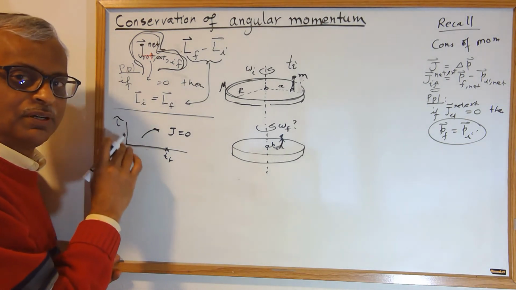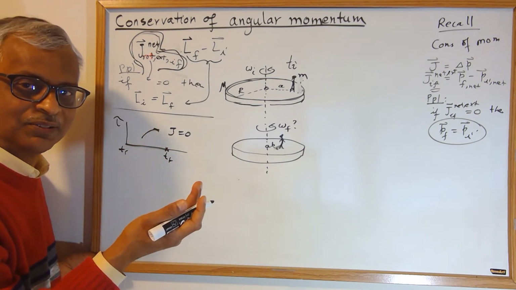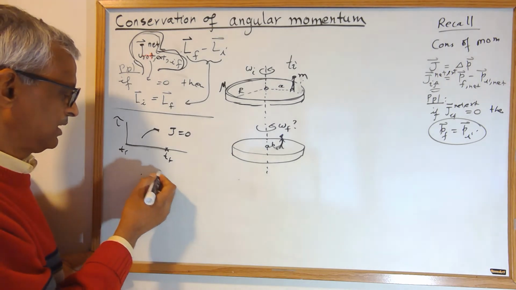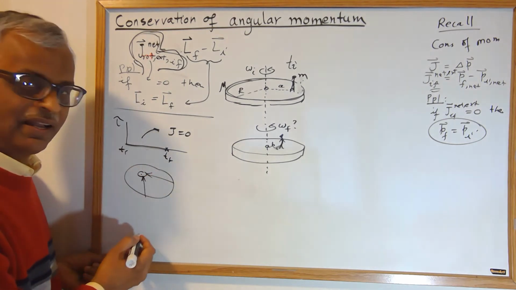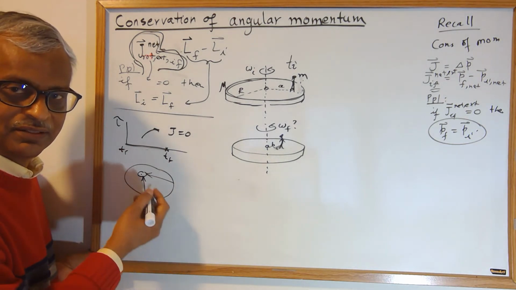You may remember that torque will be zero when the lever arm of a force is zero, which means if there is some rotation axis here, and the forces are all going through the axis, their lever arm will be zero.